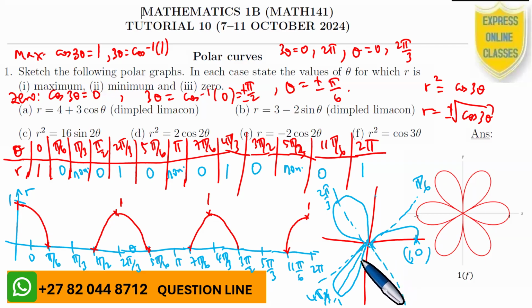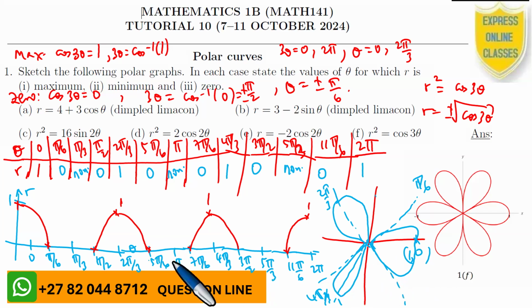Then it starts increasing, which is going to be 0. And then if it's 0 here, it starts increasing towards 2 pi. Something this way.